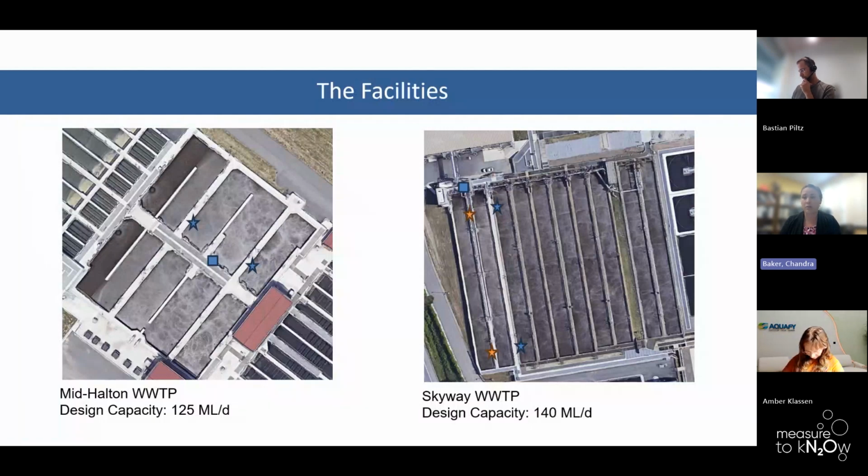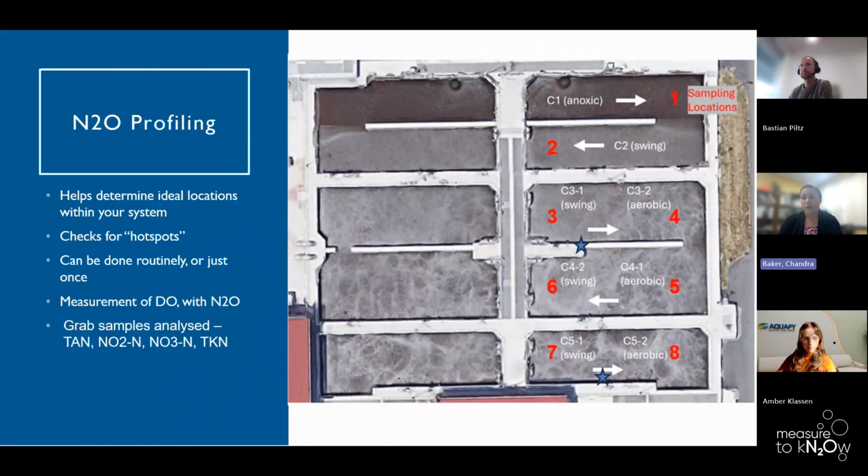So the locations are in the beginning of the 3rd pass as the wastewater enters the aerobic zones. For Skyway, we don't have any anoxic zones, so the sensors are placed at the beginning and the end of the aeration basin.